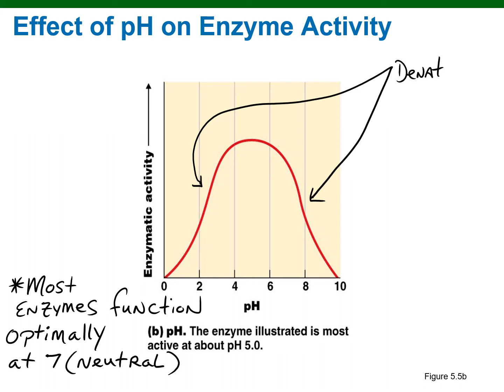And so this would be denaturation once again: a place on the graph where the enzyme is not in its proper three-dimensional structure and therefore doesn't have the ability to do its function.